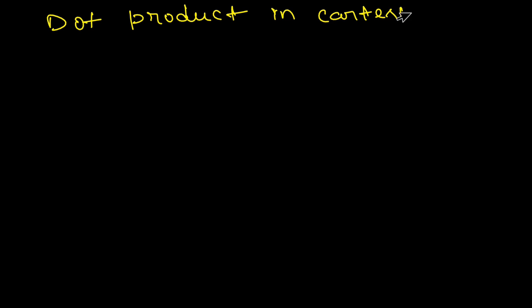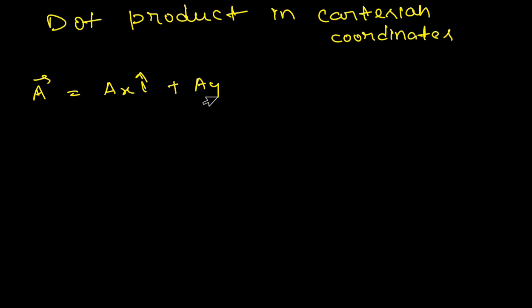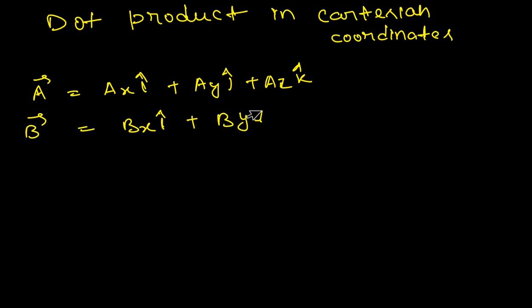Now dot product in Cartesian coordinates. So vector A is ax i plus ay j plus az k, and vector B is bx i plus by j plus bz k.